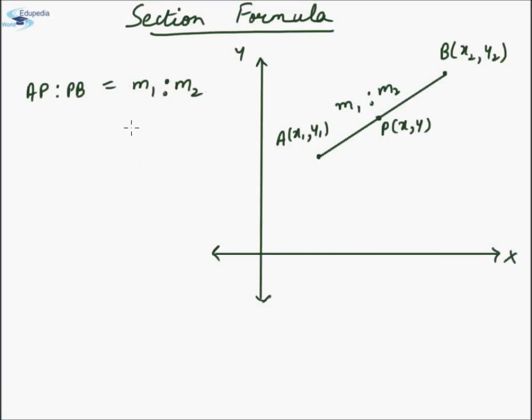Then, according to section formula, the coordinates of this point P (x, y) are given as (m1x2 + m2x1) over (m1 + m2), (m1y2 + m2y1) over (m1 + m2).